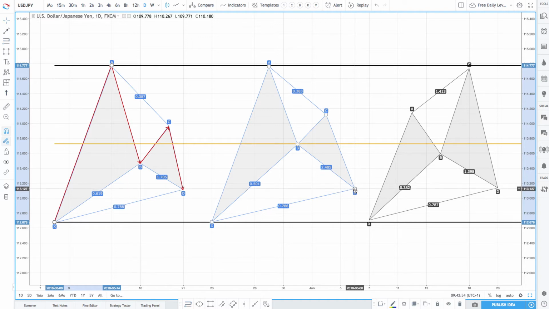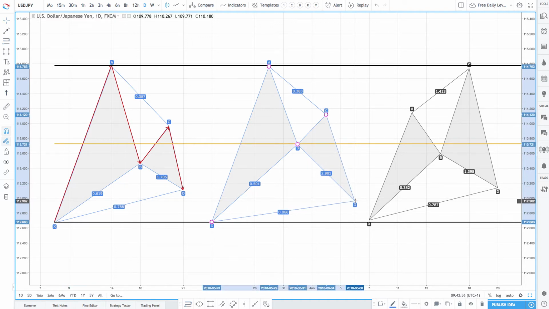Sorry, I did that wrong. That was the 88.6 level, right? This is one of the reasons why these patterns, apparently it's been back tested, have high win rates. But it's because really all you're doing is buying at value. You're buying at a bargain price.